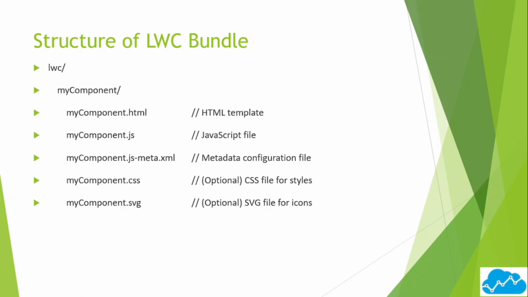The first three files get created by default: myComponent.html, the HTML template; myComponent.js, the JavaScript file; and myComponent.js-meta.xml, the metadata configuration file. Next we see myComponent.css, which is optional and used for the cascading style sheet. Next myComponent.svg, again optional and used for icons.